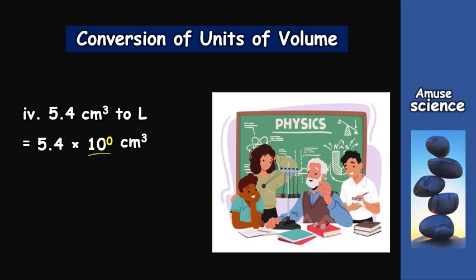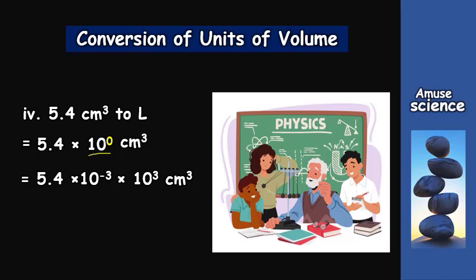Then we can replace it with the liter. So we are going to have 5.4 times 10 exponent minus 3 times 10 exponent positive 3. 10 exponent minus 3 times 10 exponent positive 3 is the same as 10 exponent 0.